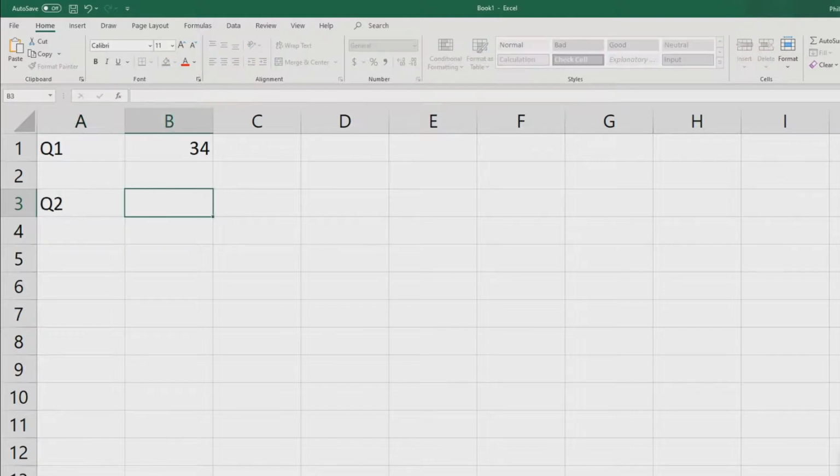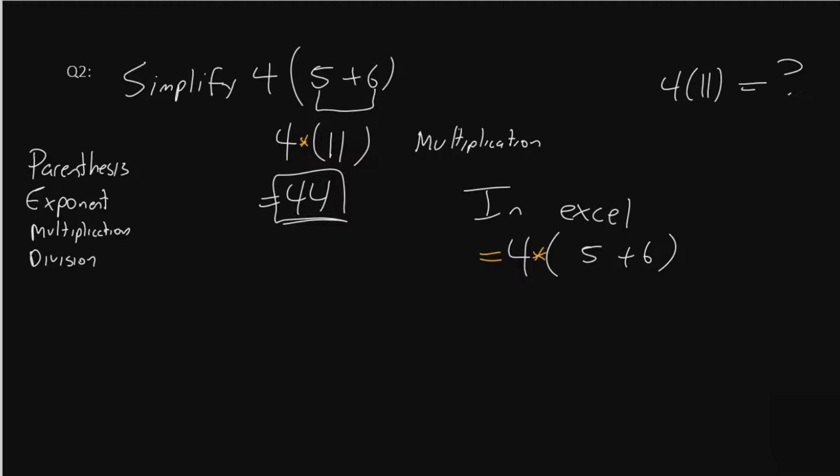Question 2, we would say equals 4, multiply, and then for parentheses, let me go ahead and write down on the slide what that is. The parentheses will be Shift 9 to open and Shift 0 to close.